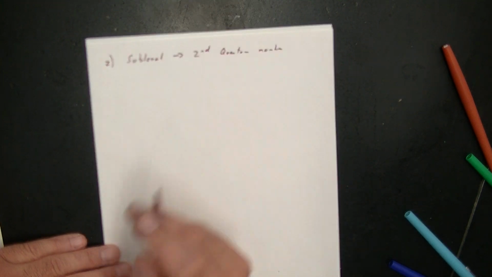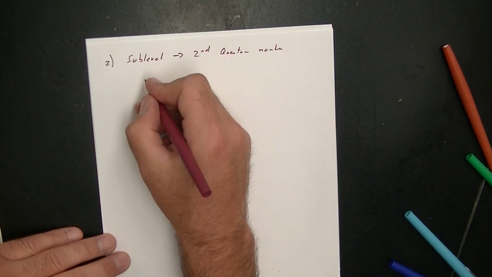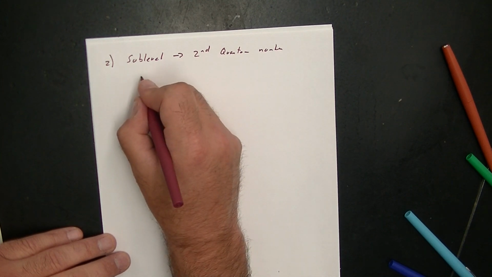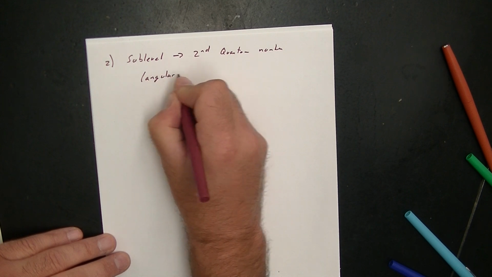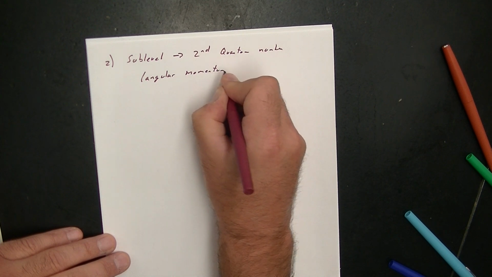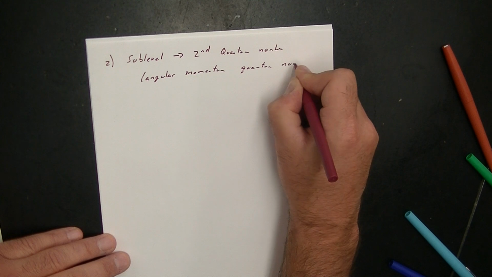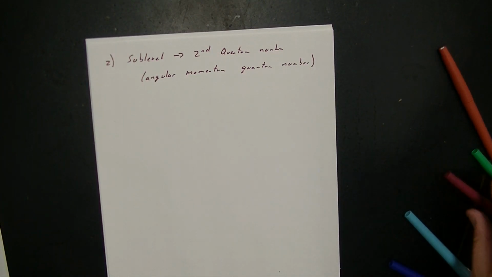The sublevel is our second quantum number, and the second quantum number is called the angular momentum quantum number.